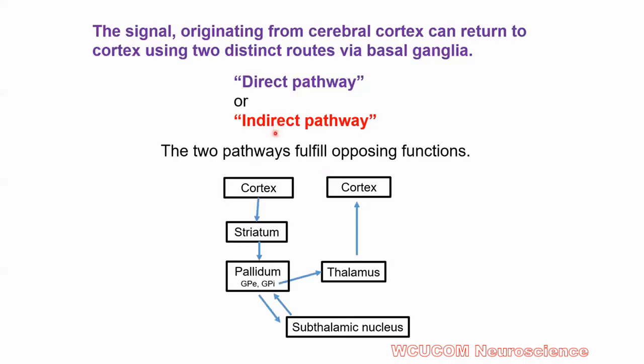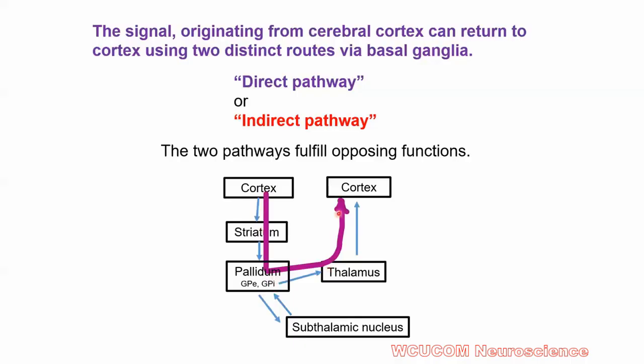It restrains the expression of motor and other behaviors, so they fulfill opposing functions. The direct pathway looks like this, from cortex to striatum to the internal or medial division of globus pallidus to thalamus and back to cortex.